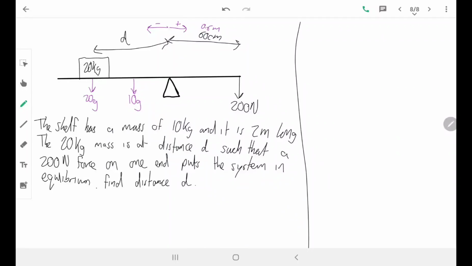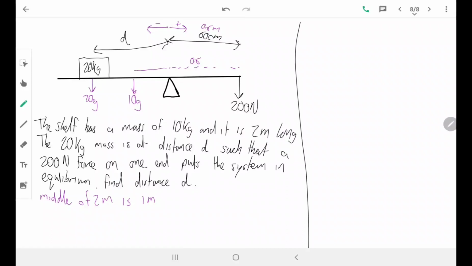But how far from the pivot is it? Well, the shelf is 2 meters long, so I'm going to assume that the center of mass is in the middle of that. So the middle of 2 meters is 1 meter. So it's going to be 1 meter from the edge. But from here to here is 0.6.